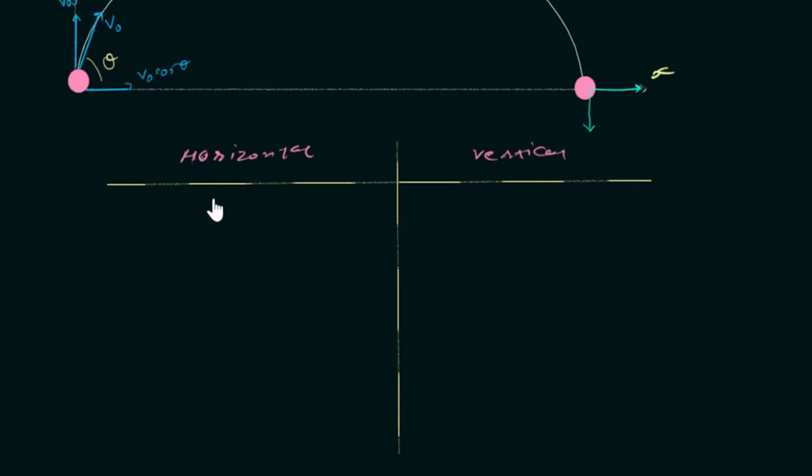So this is the x direction, this is the y direction. First, we have the initial velocity's x component, ux, which is v naught cos theta, and the initial velocity's y component will be v naught sin theta. Acceleration in the x direction is zero. Acceleration in the y direction is minus g.